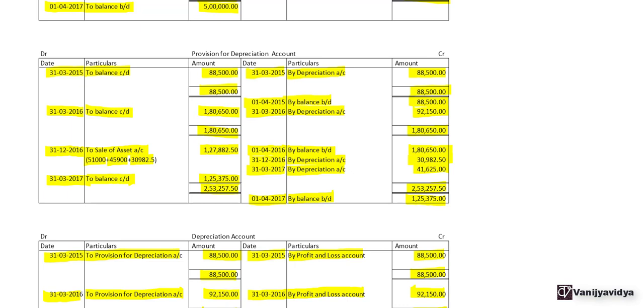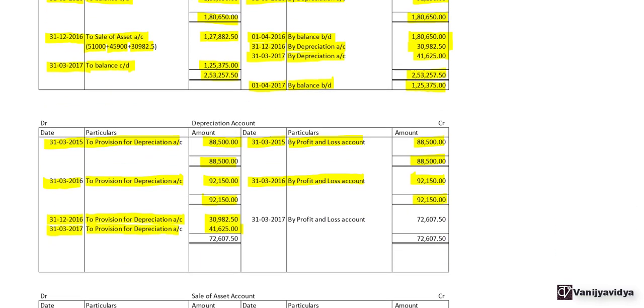Now this 1,25,375 is the accumulated depreciation of asset 2. Since asset 1 is sold, all the accumulated depreciation of asset 1 is already taken to the sale of asset account. So this balance is the accumulated depreciation of asset 2.